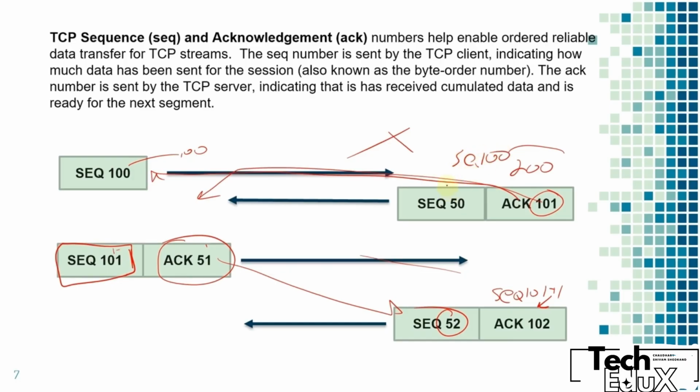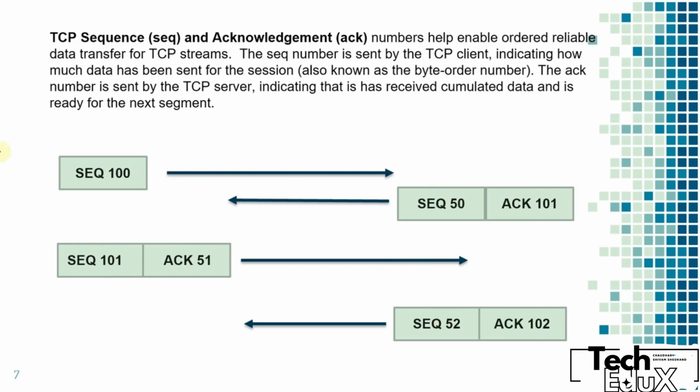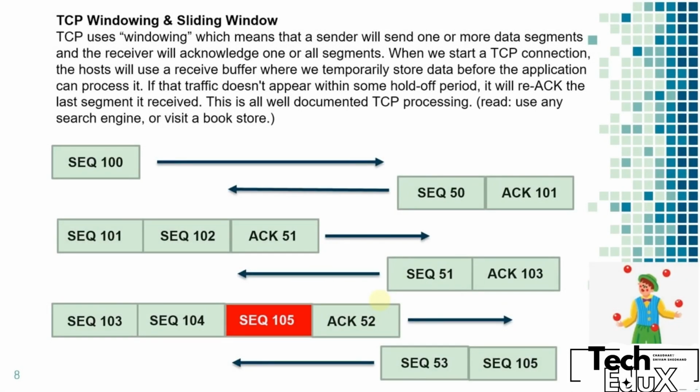So let's start with the next slide, which is talking about one of the most important aspects when it comes to TCP, called sequencing and acknowledgement. These numbers help enable ordered, reliable data transfer for TCP streams. The sequence number is sent by the TCP client, indicating how much data has been sent for the session, also known as the byte order number.